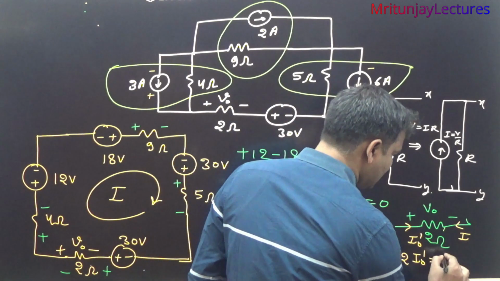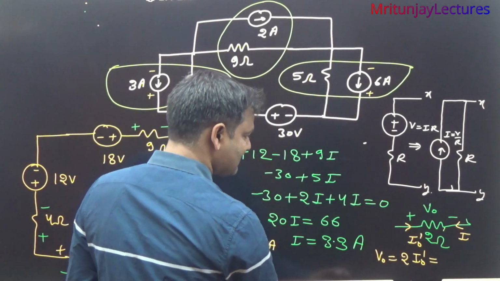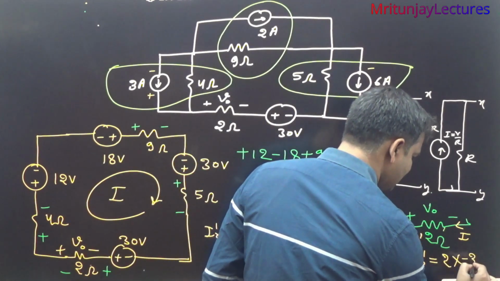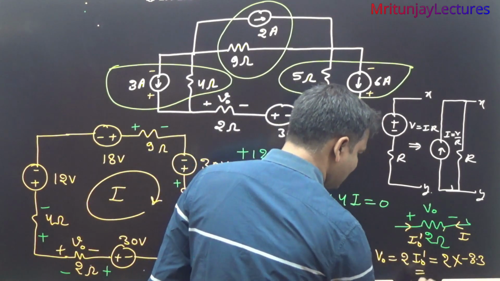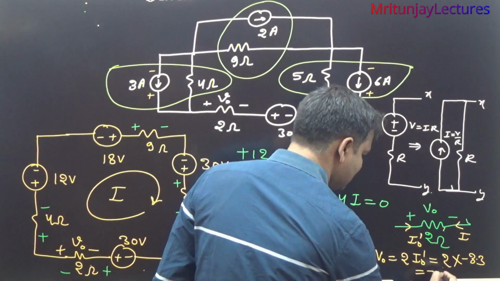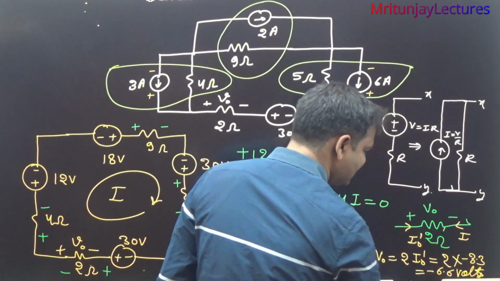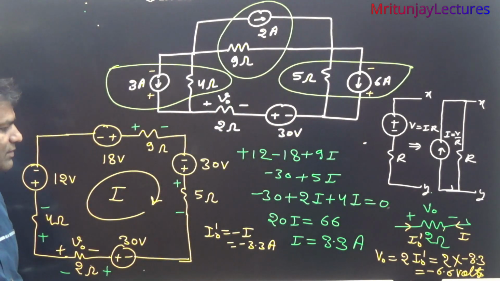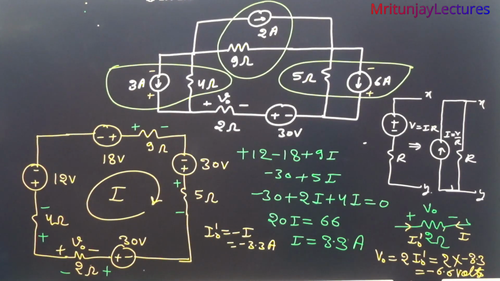So 2 into I0 dash is how much? 2 into minus 3.3. So that value is minus 6.6 volt, which is the right answer. Make it. If anyone faced any problem, tell me, comment it, and I will discuss it again.